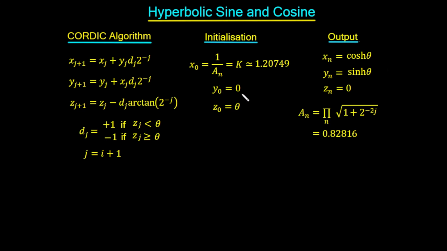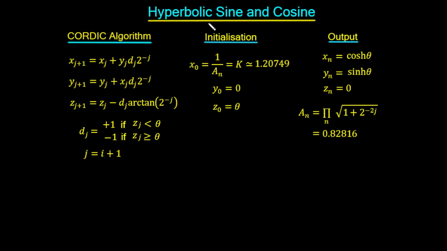We're also going to set y0 to a value of 0, and we're going to set the input angle z0 to the angle theta. In effect, this is the input angle that we're putting in, and we want to work out the cosh and the sinh of this angle theta. Whenever we work through the CORDIC algorithm, our output x_n will tend towards the cosh of theta, and y_n will tend towards the sinh of theta.